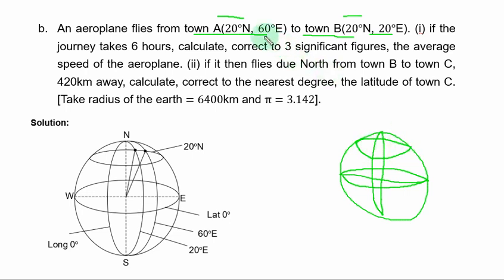Then if you check town A and B, the first point should be 20 degrees east.